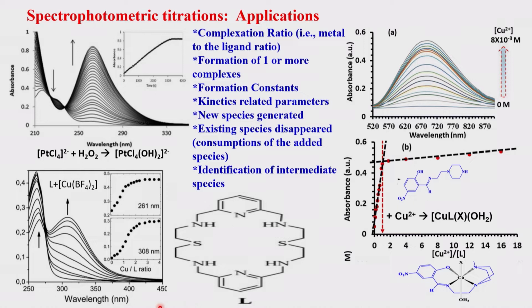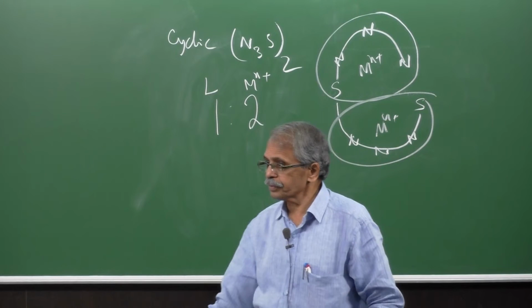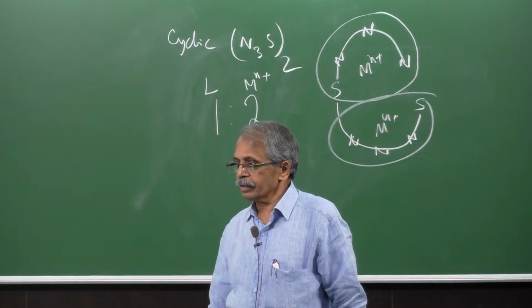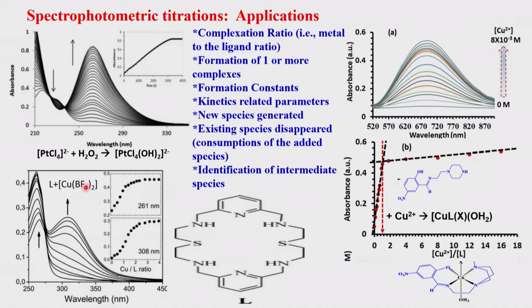Now if you titrate this with copper(II) BF4, the copper 2+ salt, there is an increase in this charge transfer band around 320, and then there is also an increase in this particular band around 270.